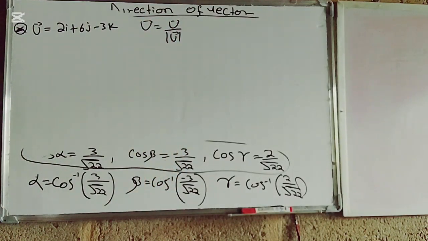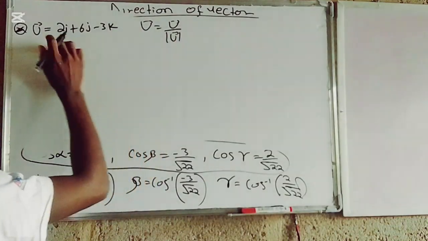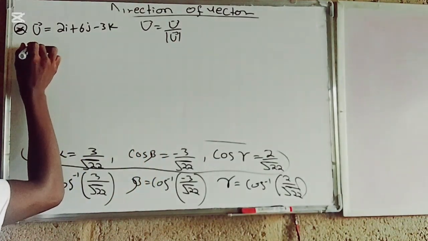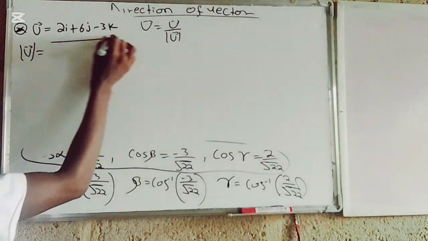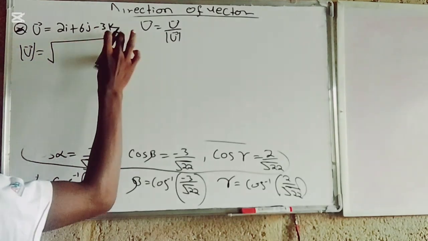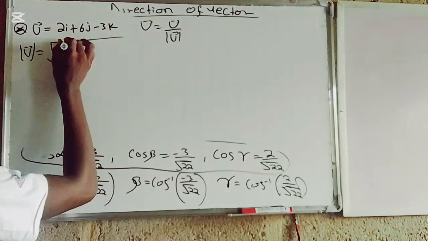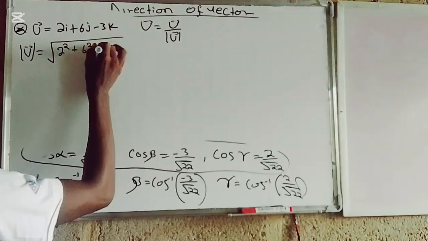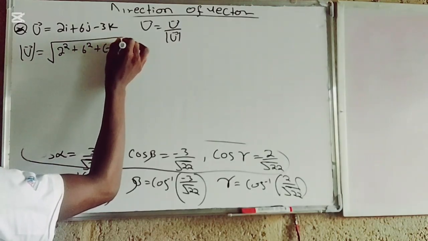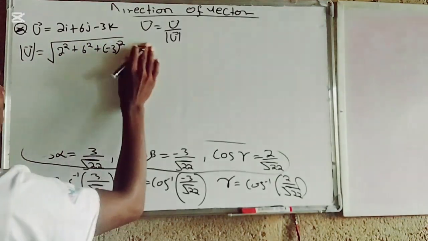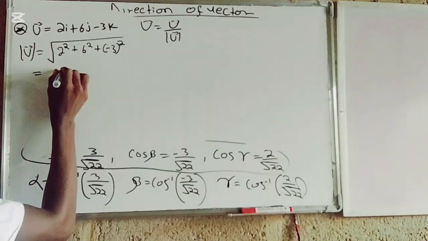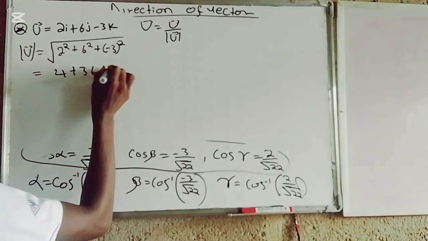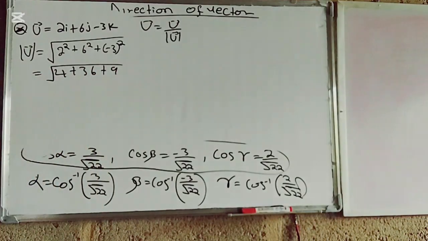So I have to first find the magnitude of this vector by squaring everything and summing inside the root. So this is the same thing as 4 plus 36 plus 9, all in root.